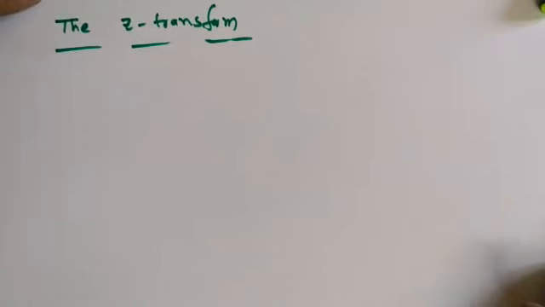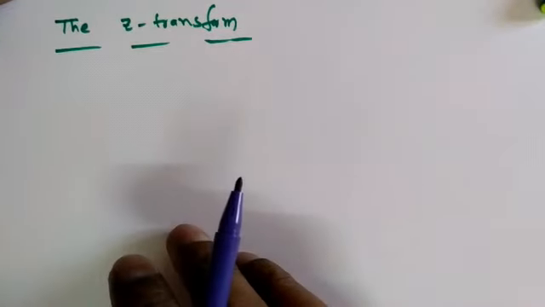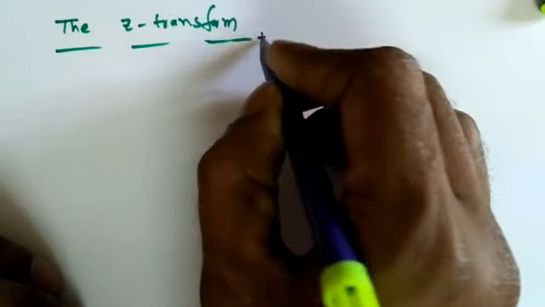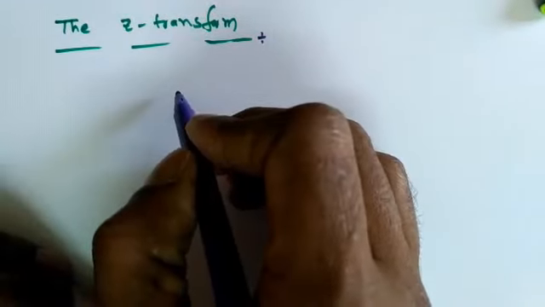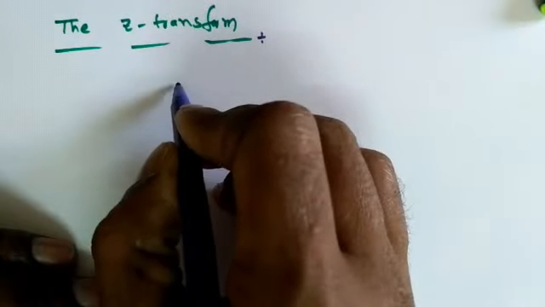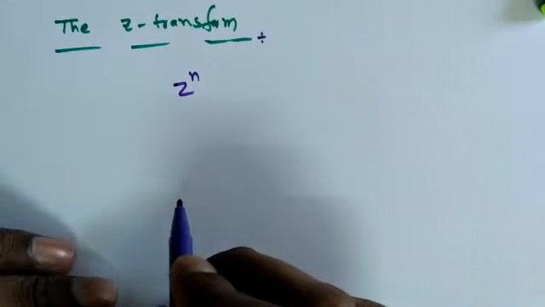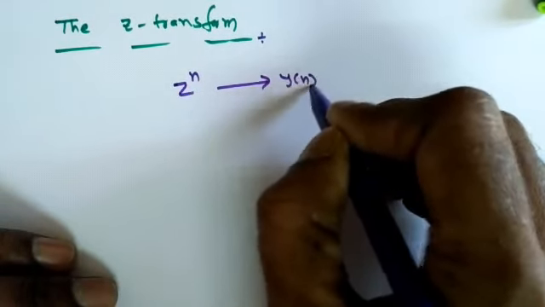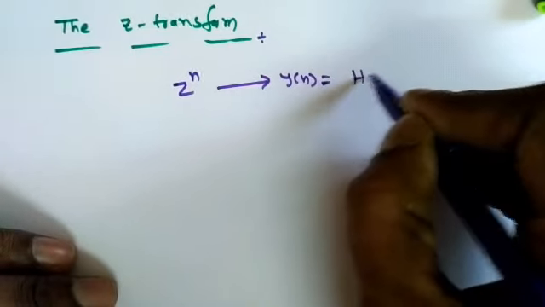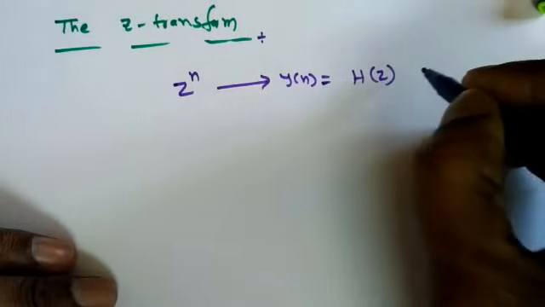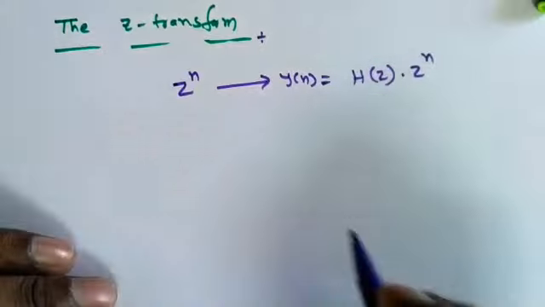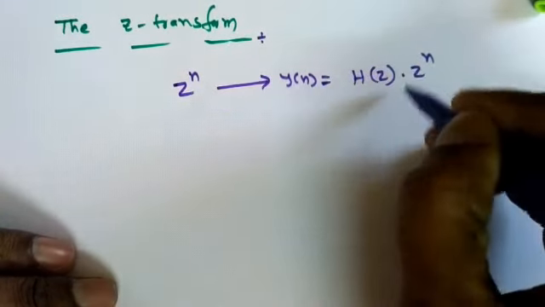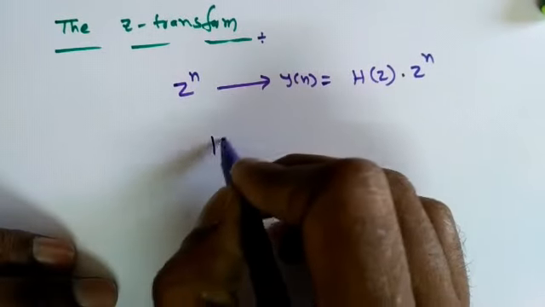Now we will see how to find the Z transform of a given discrete time signal. This comes from when we discussed the discrete Fourier series, when we apply an exponential input signal. What is the output? y of n is equal to an eigenvalue h of z times z power n. This z power n is a complex exponential, and h of z is the system response or transfer function. Now, what is h of z?